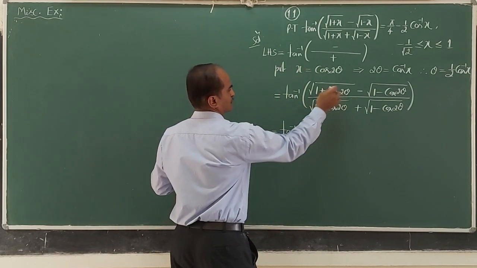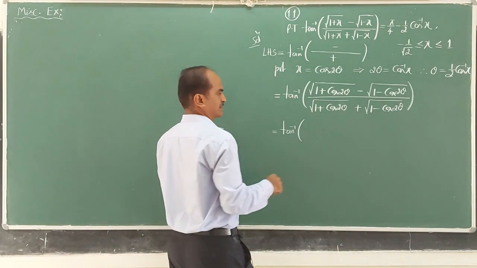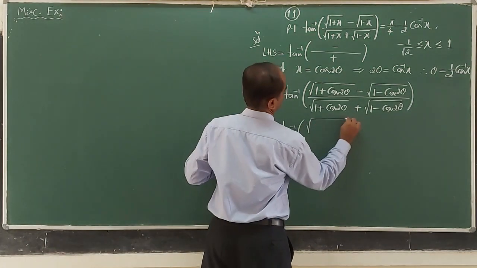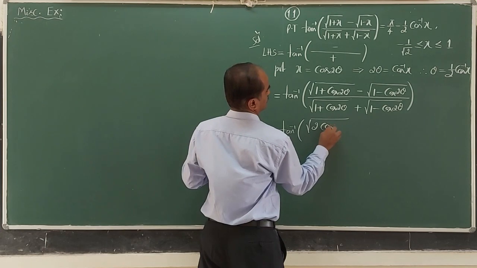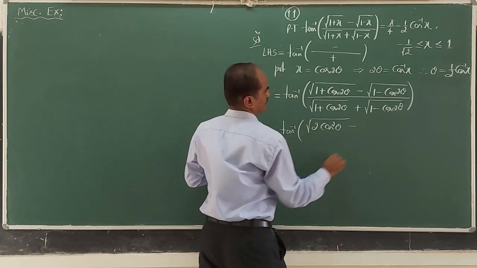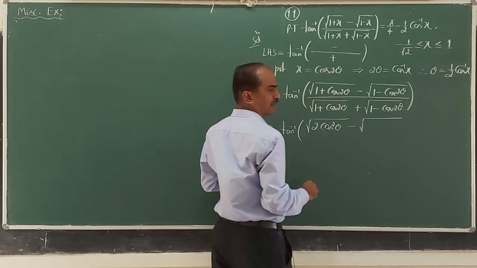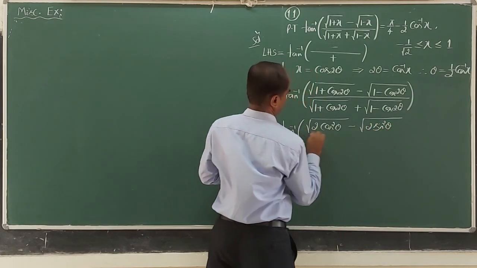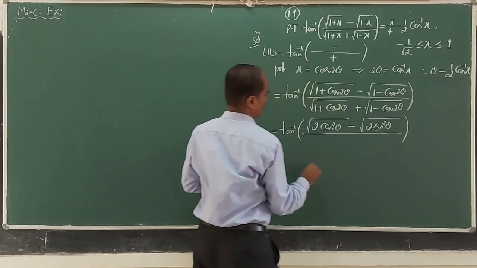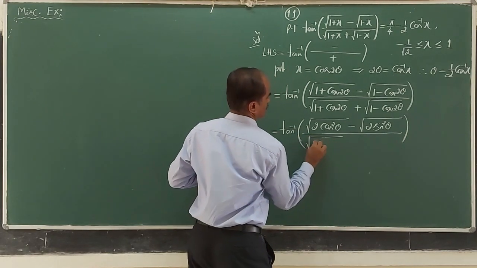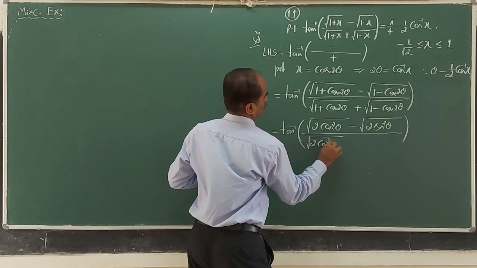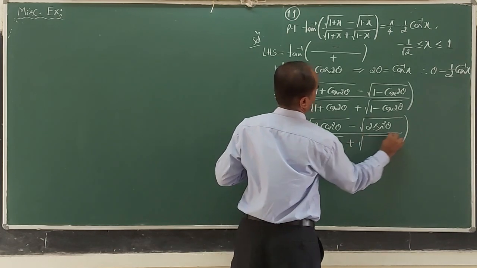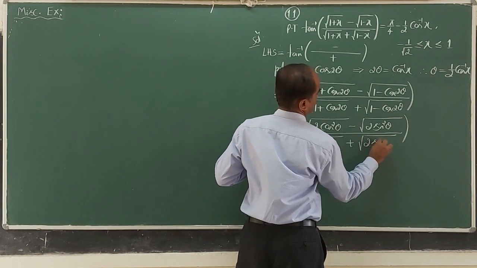Now let us use the 1 plus cos 2 theta formula. What is 1 plus cos 2 theta? It is 2 cos square theta. Minus, what is 1 minus cos 2 theta? 2 sin square theta. In the denominator, square root of 2 cos square theta plus the square root of 2 sin square theta.